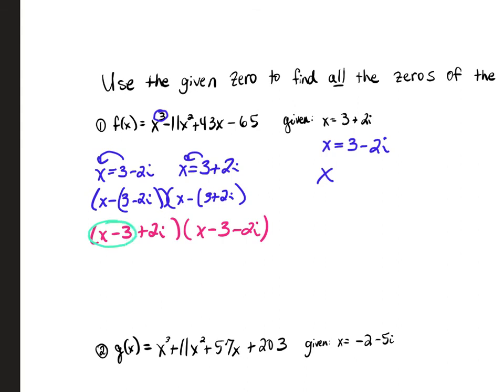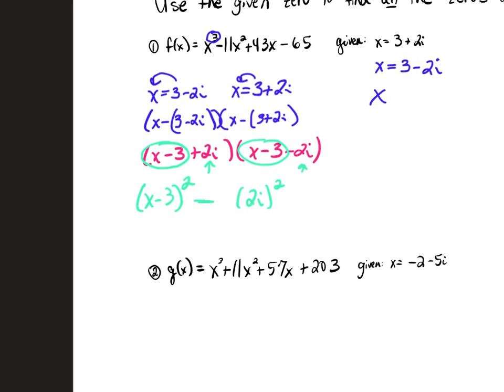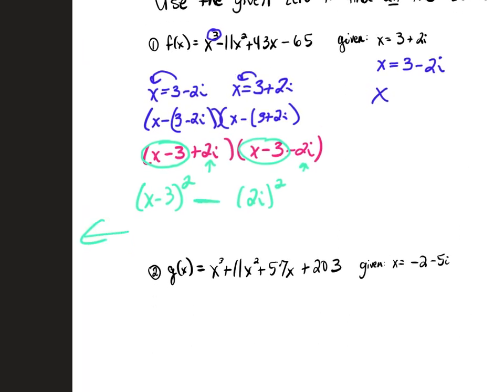Okay, so look, x minus 3, I have 2 of them, so I can just write that as x minus 3 quantity squared. I have a 2i here and a 2i here, so I can write that as 2i quantity squared. And then what's that sign that goes in the middle? For my difference of perfect squares, a minus sign, okay? So I'm going to work this out here.